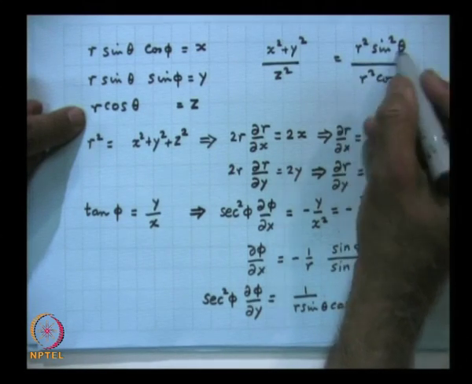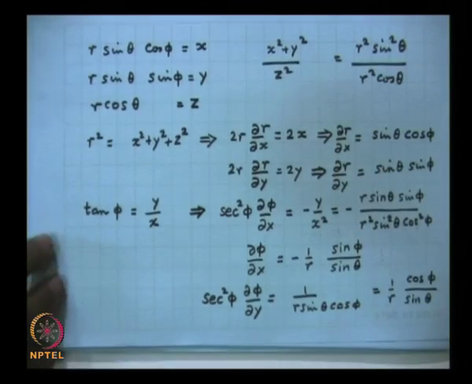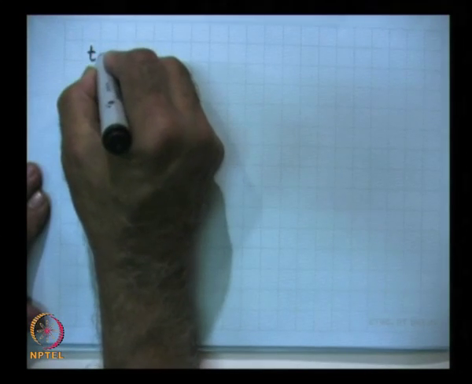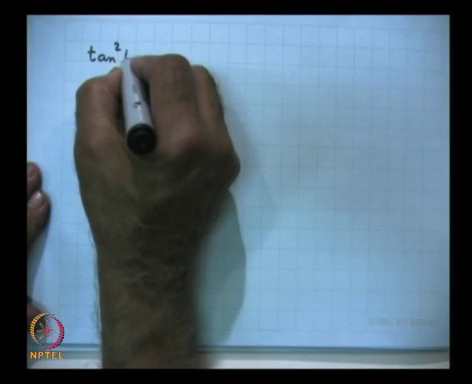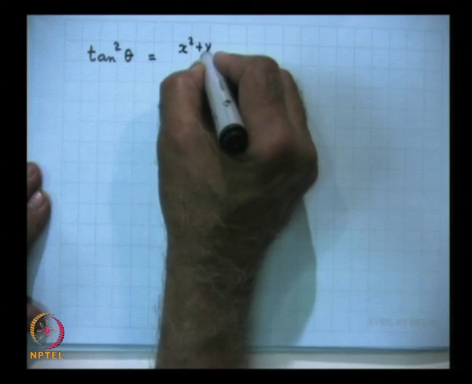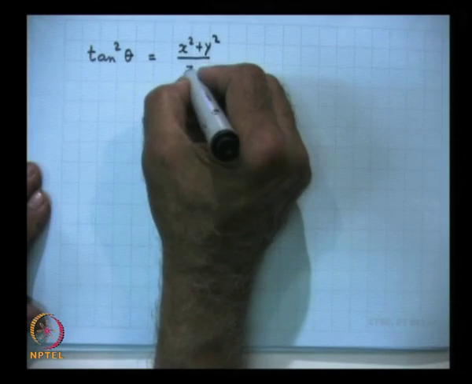So, r square cancels out, and you are left with tan square theta is equal to x square plus y square divided by z square.